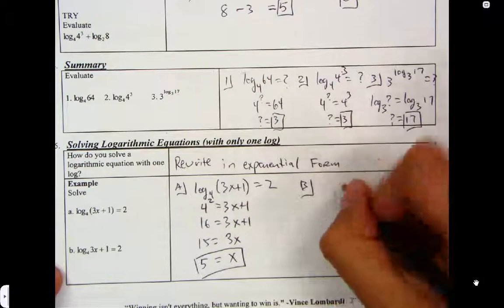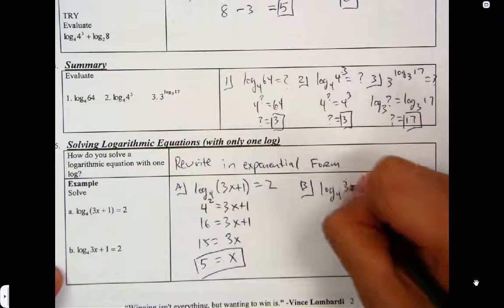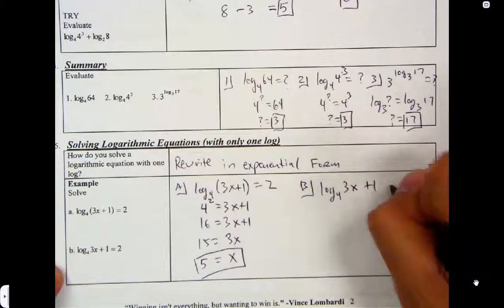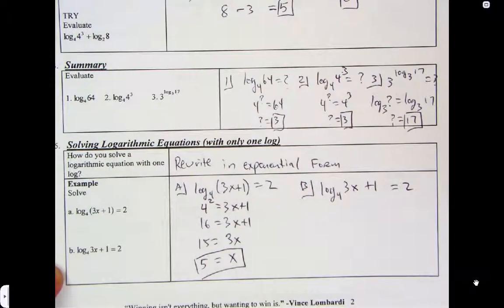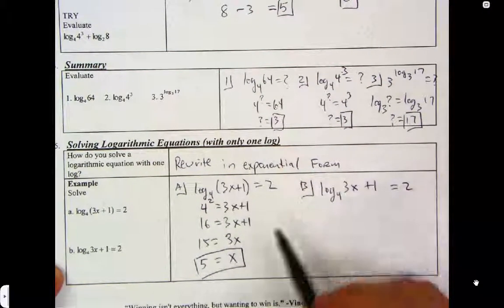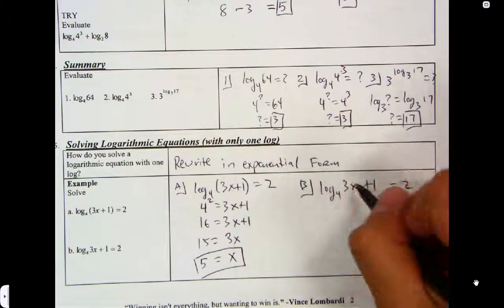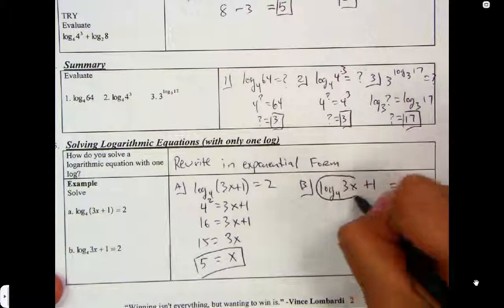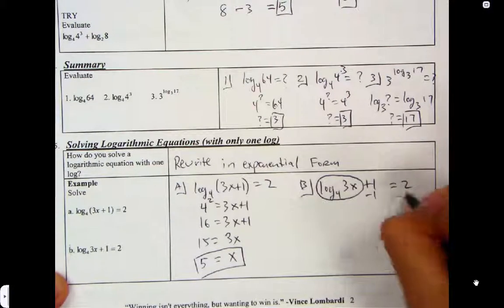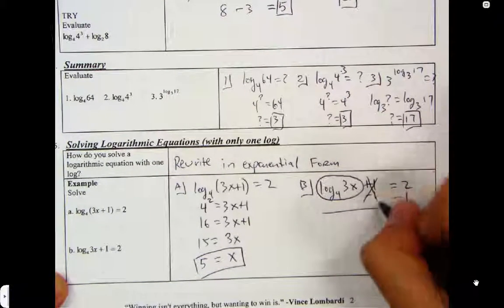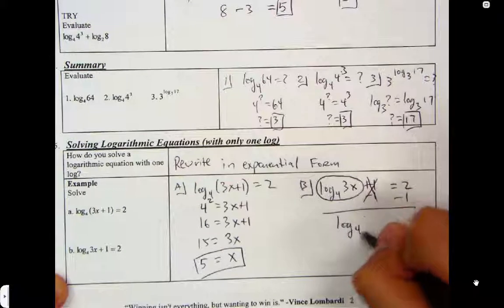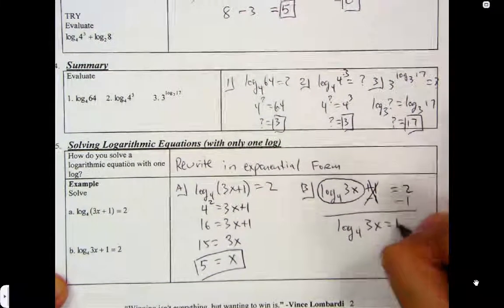B, log base 4 of 3x plus 1 equal to 2. Now right here, A and B are different because the 3x plus 1 does not have parentheses. So that means I need to get this by itself. So I'm going to subtract 1 on both sides. Log base 4 of 3x is equal to 1.